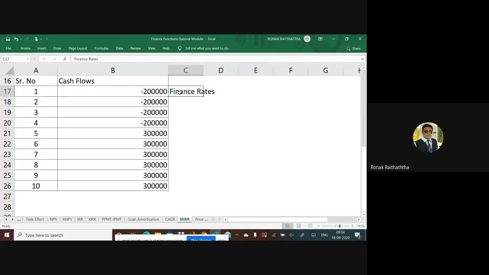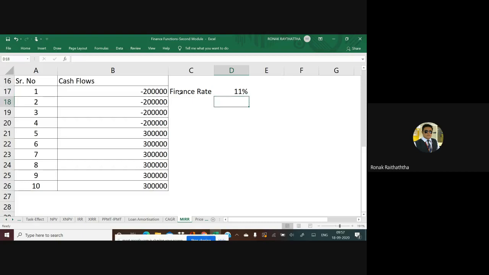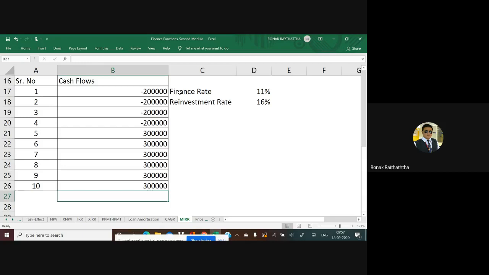Finance rate is going to be 11%, and my reinvestment rate, or I can call it the expected rate of return, reinvestment rate is say at 16%. So find the MIRR. My question to all. Giving you 30 seconds or a minute.